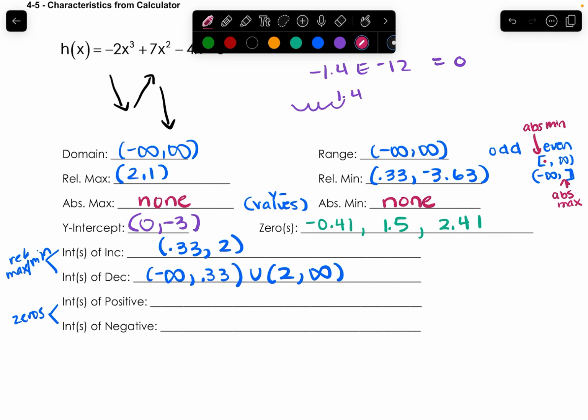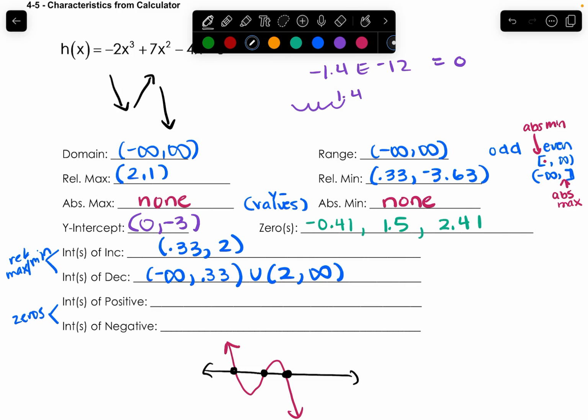The zeros is where it changes. So here I like to think of my x-axis. From this zero to this zero to this zero, what is happening?